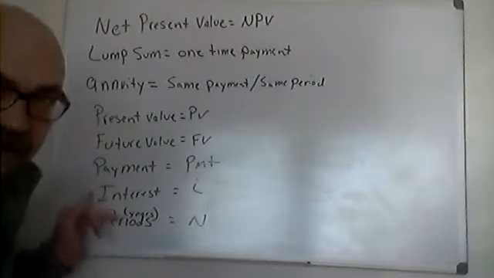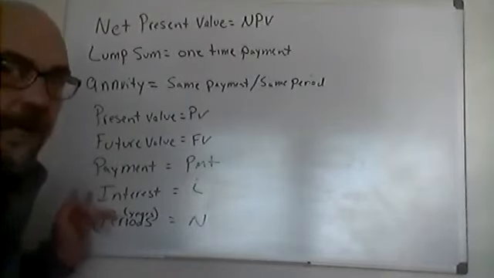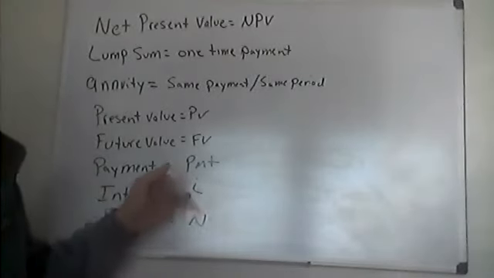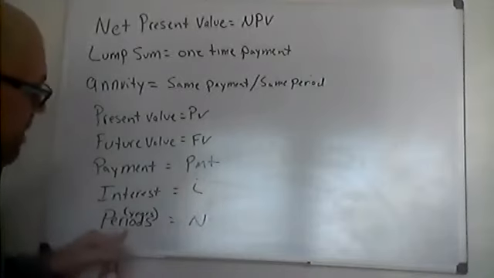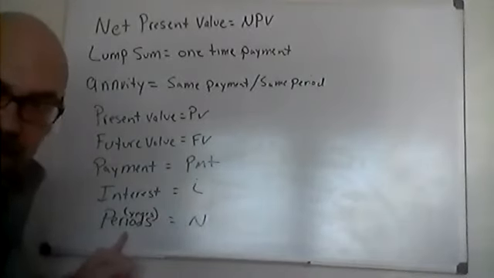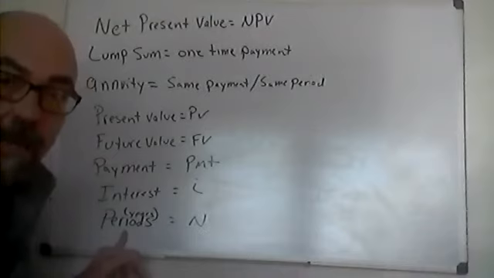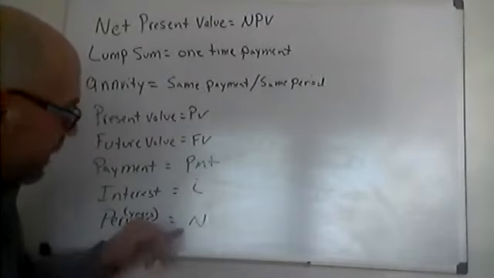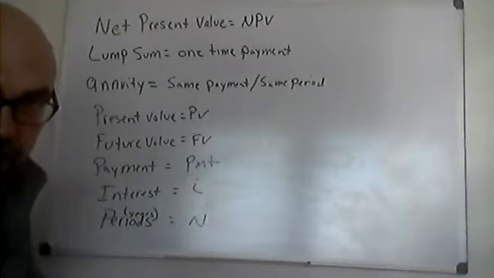It will say the discount rate or the implicit rate or the company's rate of return. Whatever it is, our interest rate will always be denoted as an I. And then periods. For the purpose of this class, it's going to be years, and our years will be denoted as an N.